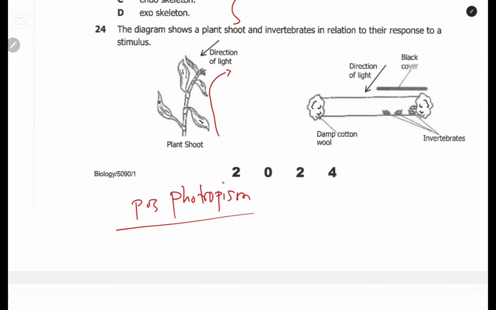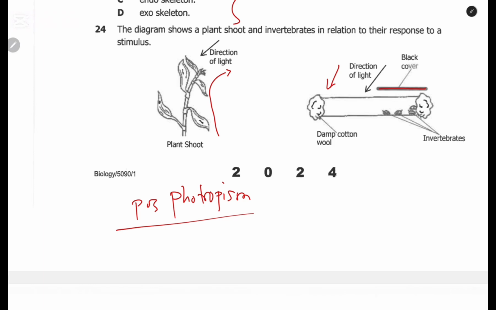Then look at this, there's light here, and of course here it is dark. So these insects, they are moving toward the part that is dark here.